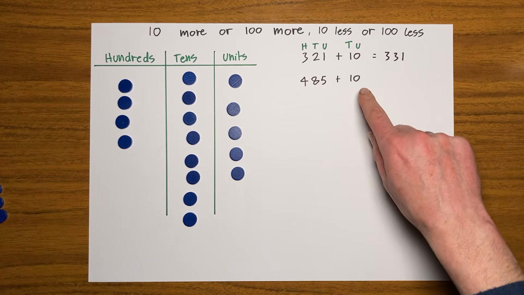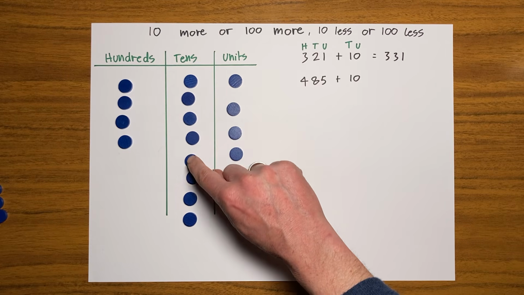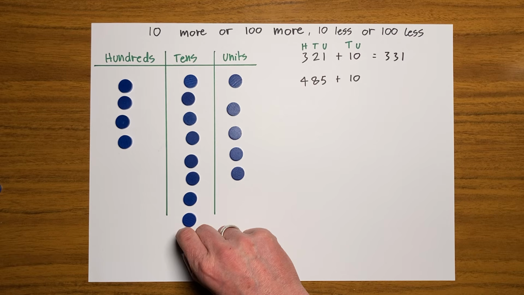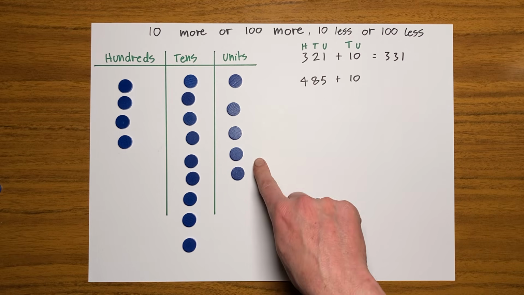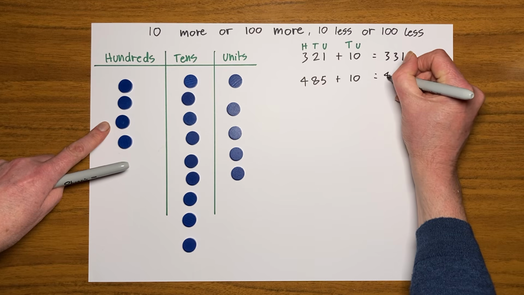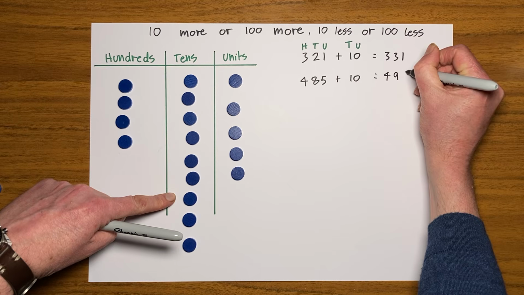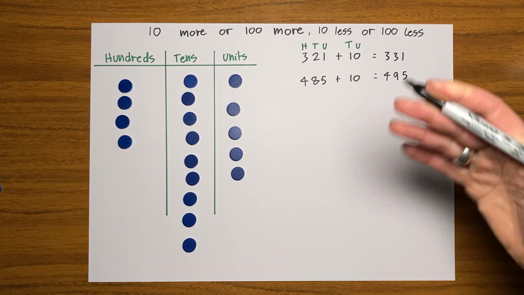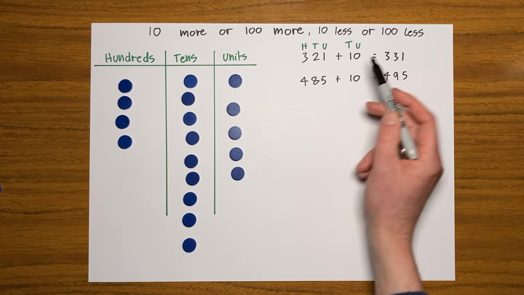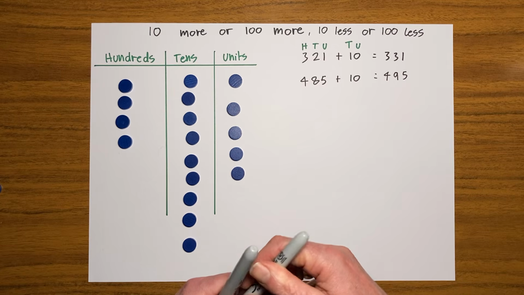And again, I'm not adding any units, but I am adding 1 ten. Add another 10, but no units. That's going to stay the same. So now I have got 495. Notice how whenever I'm doing anything to do with numbers, I always try and keep these place value columns in line above each other. It really, really helps as you go through your maths learning.